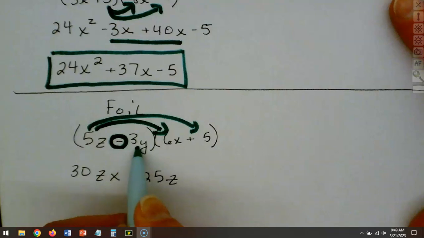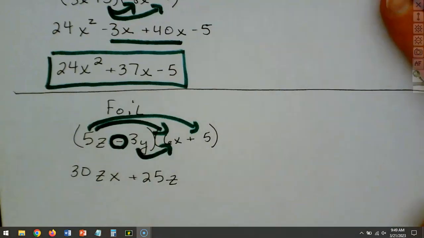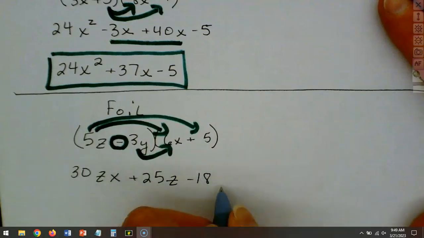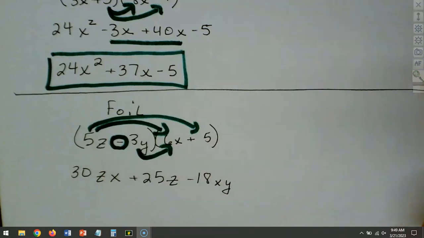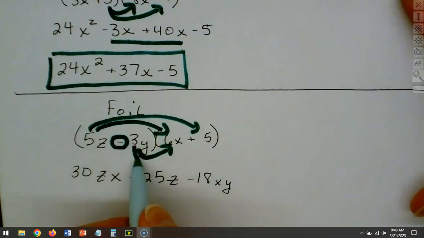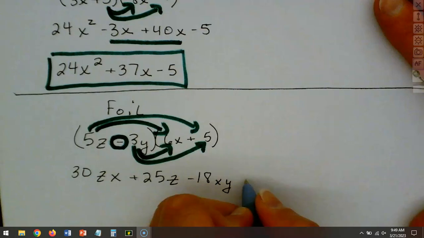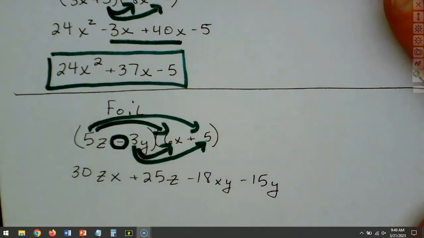Now make sure you're careful with that negative there. And negative 3 times 6, well, that's a negative 18. And that looks like XY there. And then we have last times the last. And that's negative 3 times 5. That makes it a negative 15. And the Y is with it.